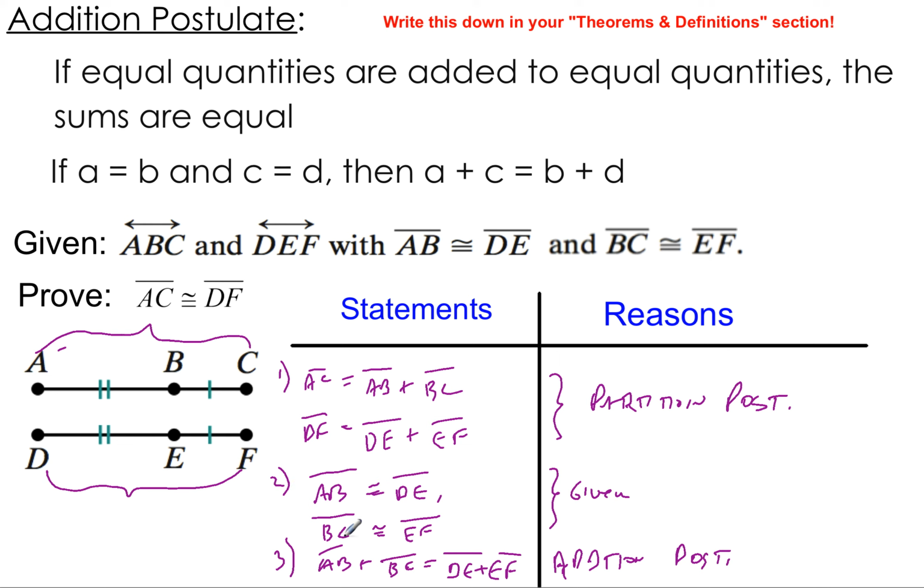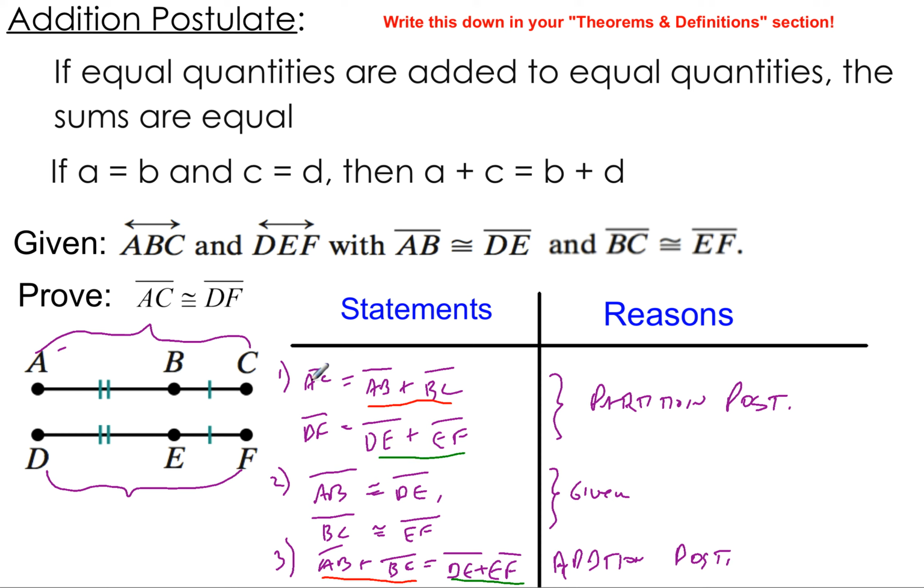So if that's the case, let's take a look at what's happening. AB plus BC is equal to DE plus EF, right? But one second, AB plus BC is AC. AB plus BC, this guy right over here, which I will underline in red, is this same AB plus BC. And DE plus EF is the same thing as this DE plus EF.